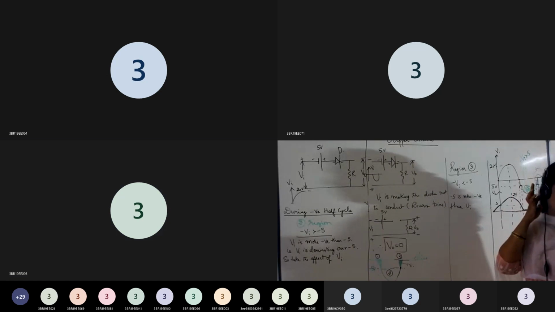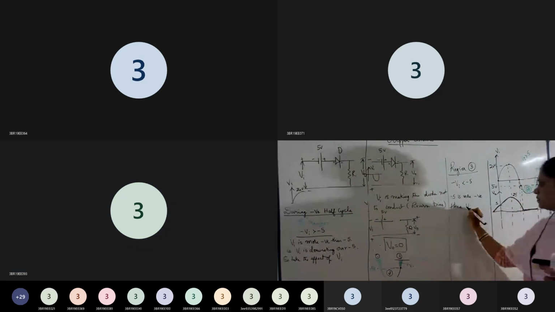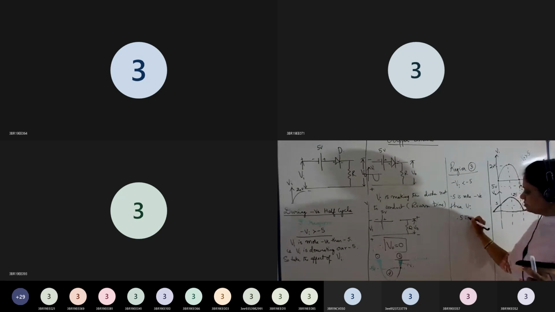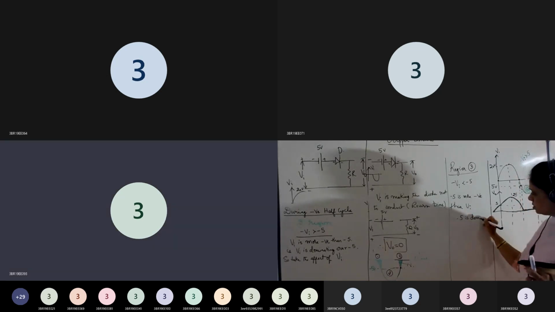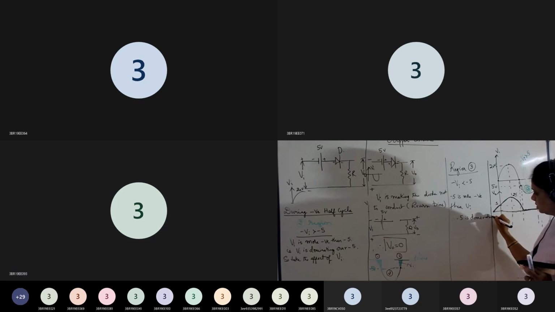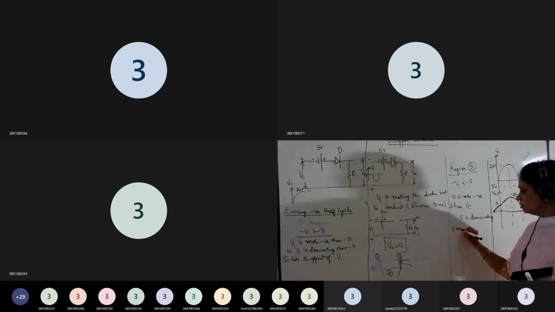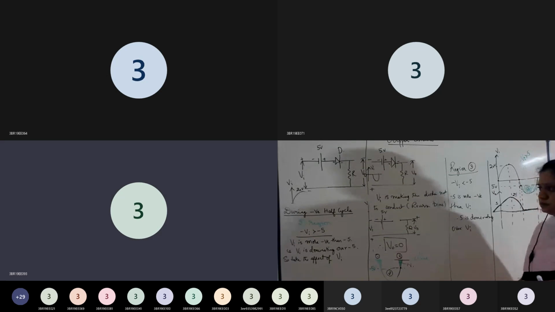Therefore, minus 5 is dominating over minus VI.